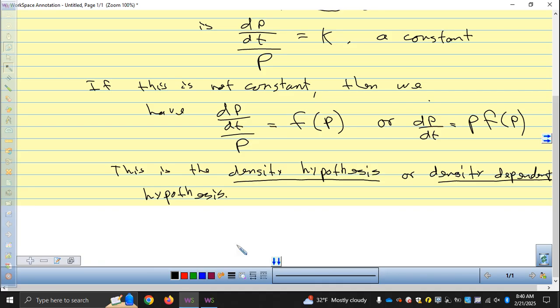So the model that we're going to talk about today is our simplest assumption for the form of this function, other than being a constant, is that it is linear.